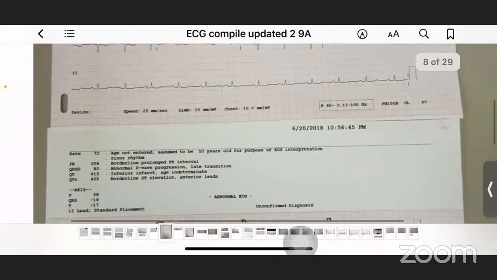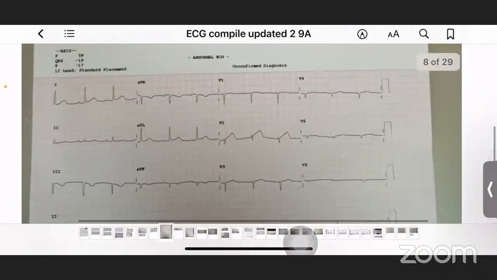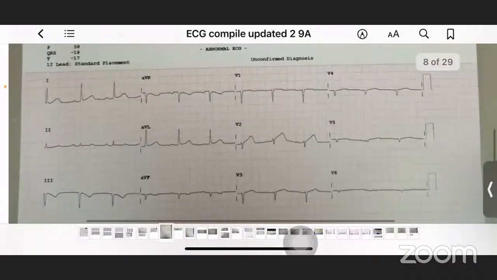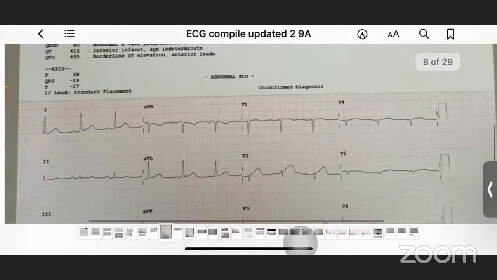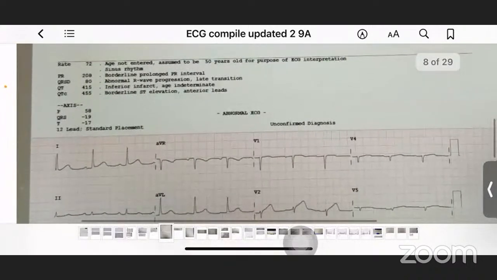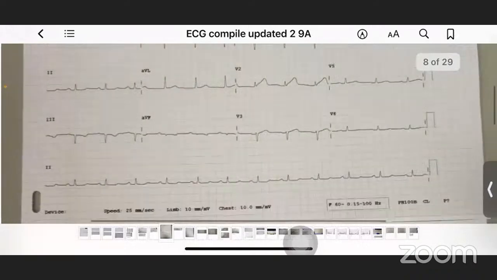So what is this? This is another one. You see now, the whole V4, V5, there is poor R wave progression already. Maybe different timing. Is it the same patient? 72, this one heart rate 75, becomes slower already.